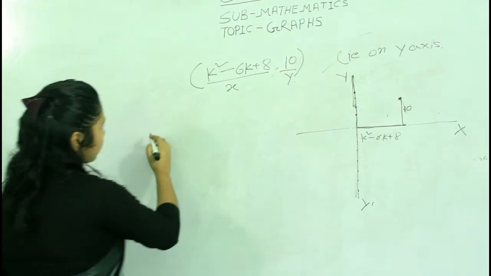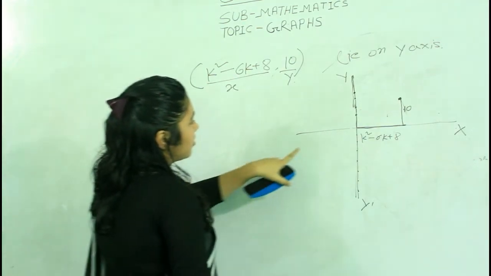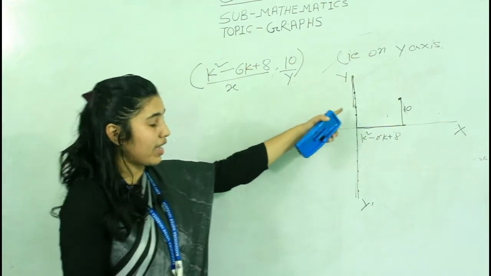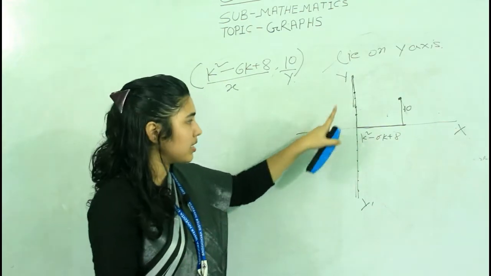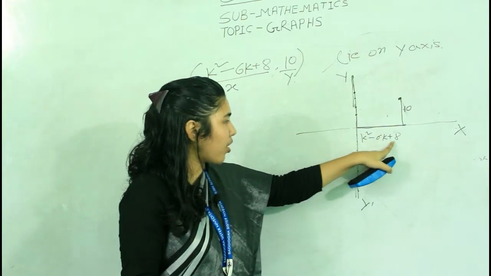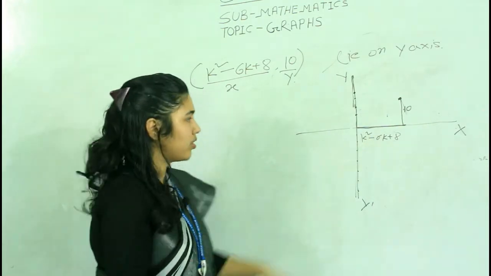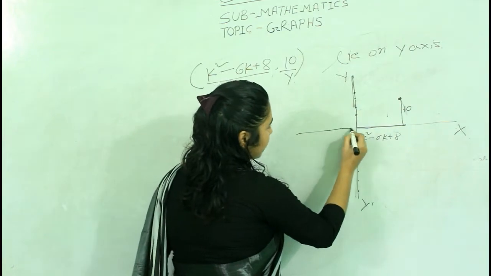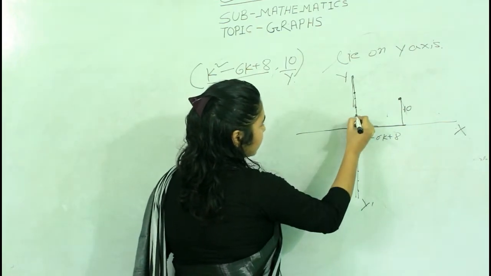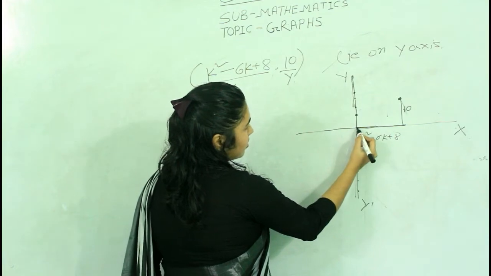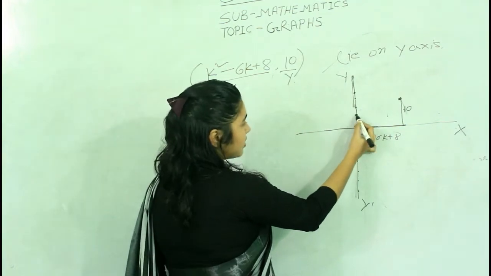if a point lies on the y-axis, that means the coordinate of x, that means this distance, is 0, because this is our x-axis. If this is the point, then the distance from the x-axis is 0.